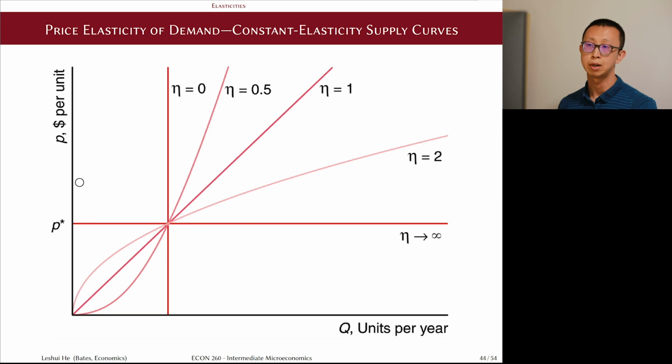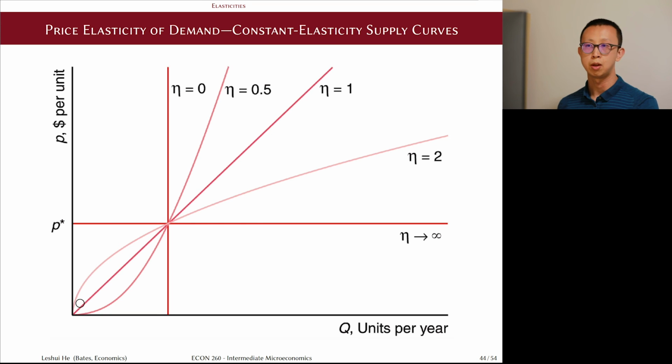It doesn't matter how price changes, the quantity of supply is always constant, versus the other extreme, where the price elasticity of supply is almost infinity. Think of that as a positive slope curve that is almost entirely flat. So as you decrease the price by a little bit, almost the entire supply is gone.